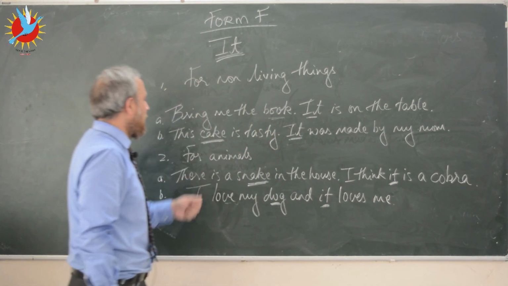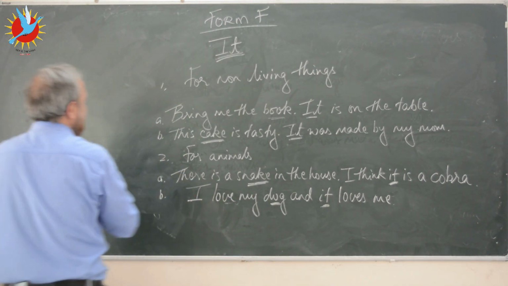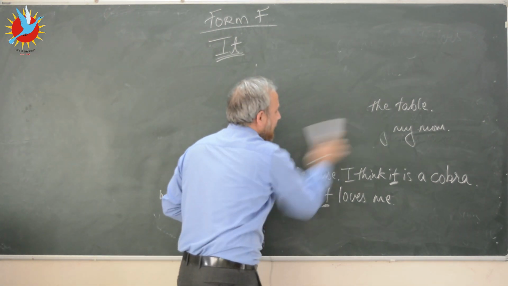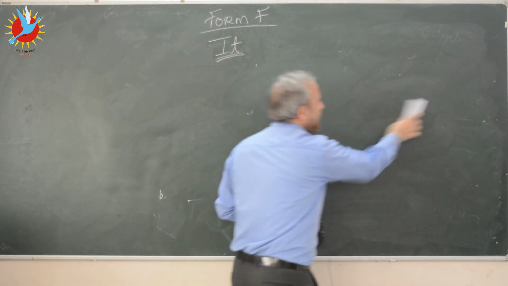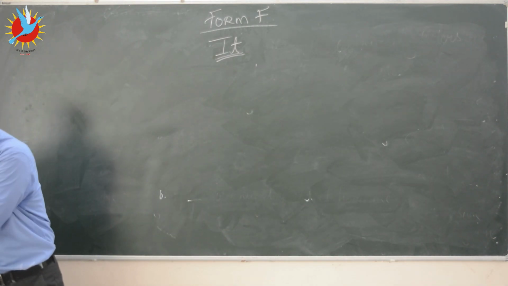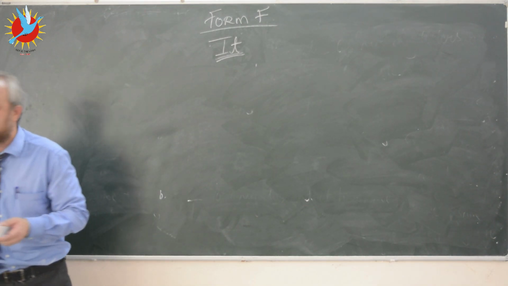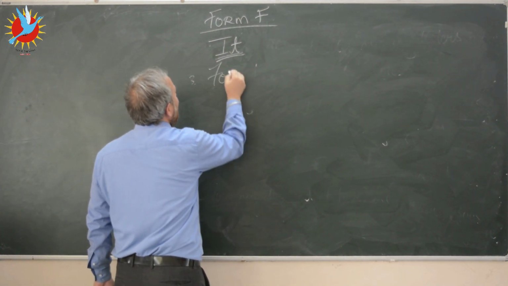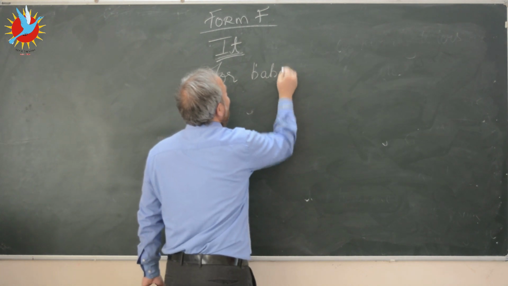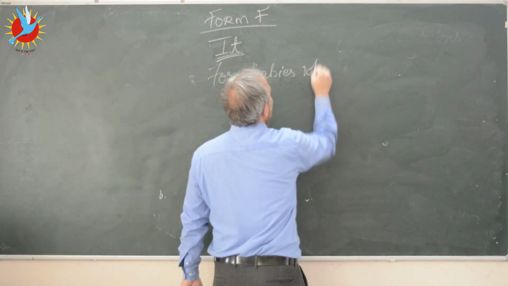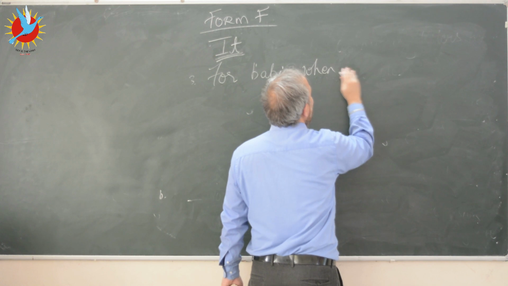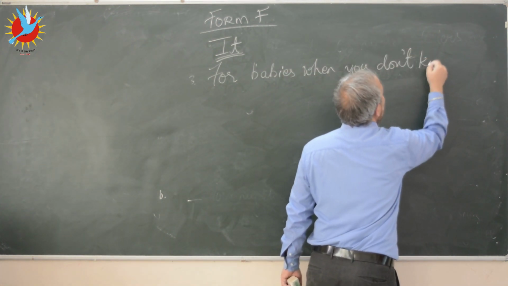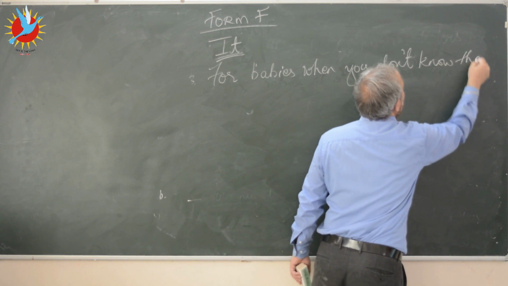So you use it for non-living things, you use it for animals, and you also use it for babies if you don't know the gender. By gender, what do I mean? Whether it is male or female, or whether it is a boy or a girl.